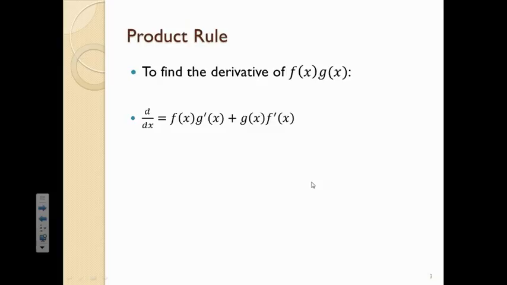The product rule is simply a formula that if you want to find the derivative of two functions multiplied together, it's going to be, now when I say two functions multiplied together, remember, this f of x could be just like this first equation, x squared minus 1 to the 4th power. That's the first equation.